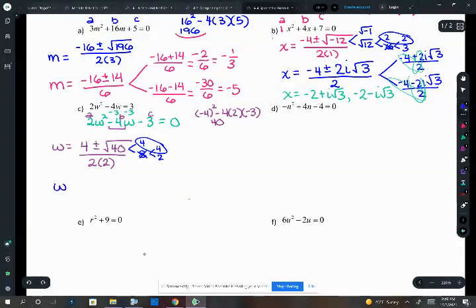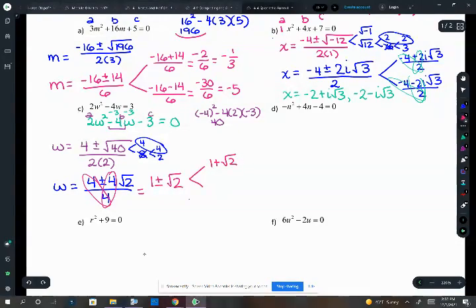And so I'm going to get W is equal to 4 plus or minus 4 root 2 all over 4. And whether you simplify first or second, notice on example B, I broke it into pieces and then simplified. I could also simplify first. So I could say, oh, 4 goes here and 4 goes here. So 4 divided by 4 is 1, plus or minus 4 divided by 4 is 1, and I'm left with root 2, and then break it into your 2 problems.